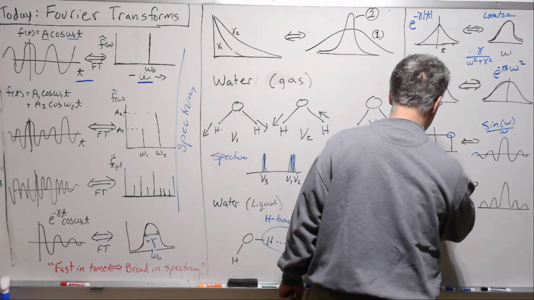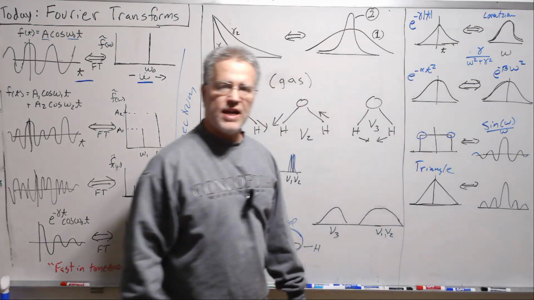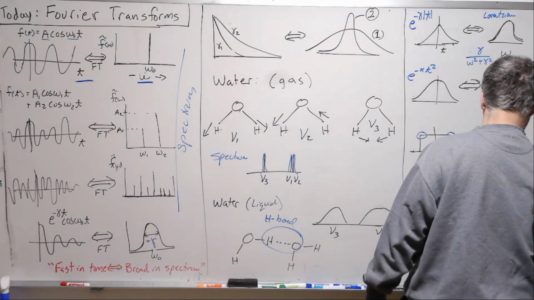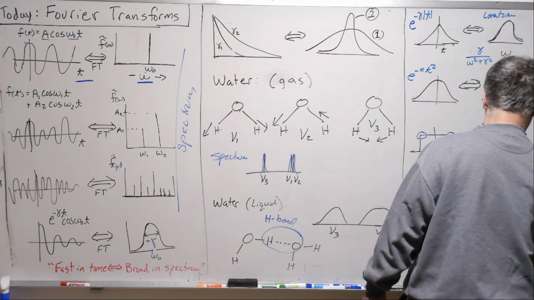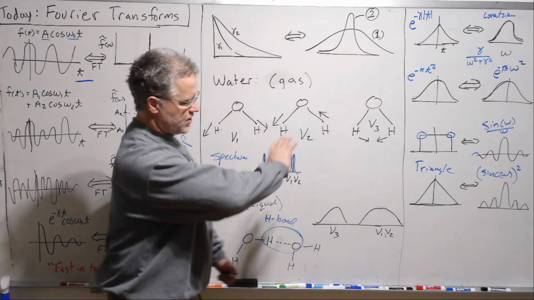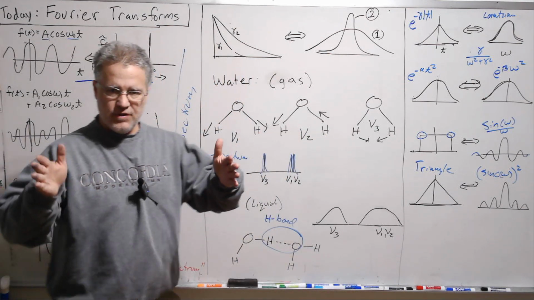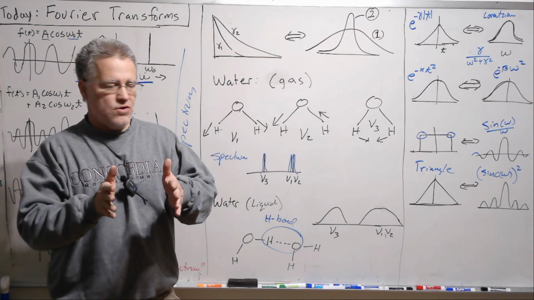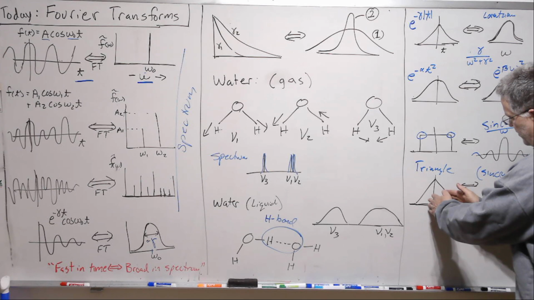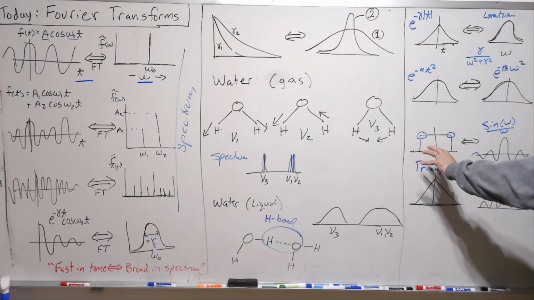And then a triangle gives rise to, it turns out, a sinc squared function. And there are constants in there. But again, if we have a narrow window, so if these are squished, or a narrow triangle, then we're fast in time, so this will be broadened out and spread out.